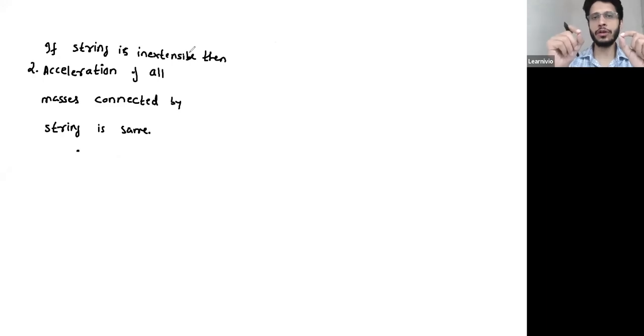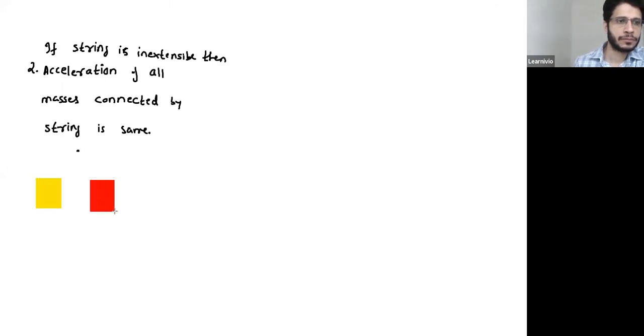Inextensible means the total length of the string is constant. It cannot stretch. If a string cannot stretch, then the acceleration of all masses connected by the string would be the same. So you take three blocks, connect each block by a string, this is M1, this is mass M2, this is mass M3.